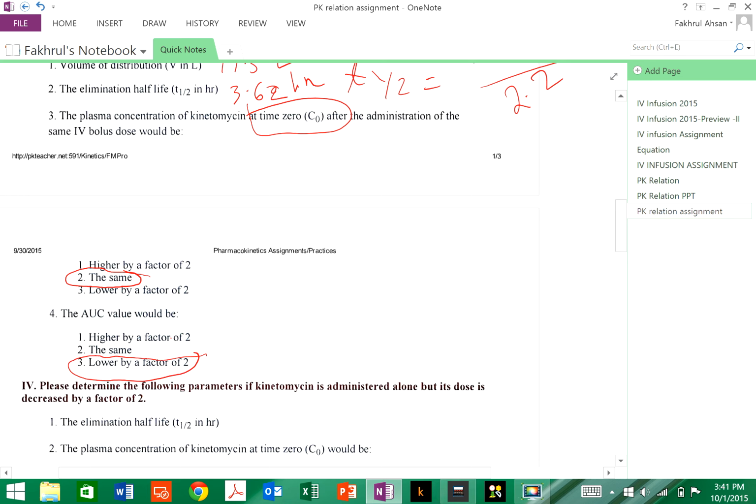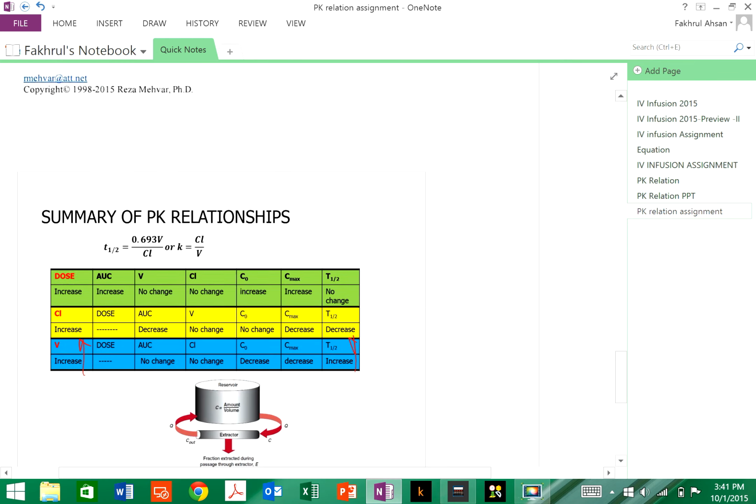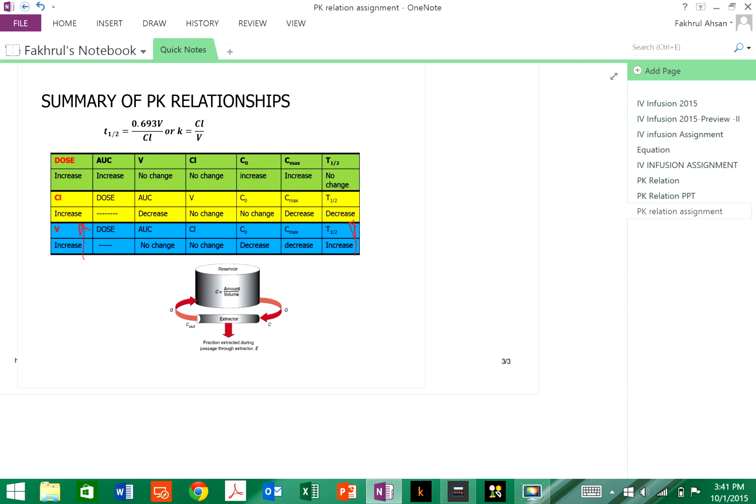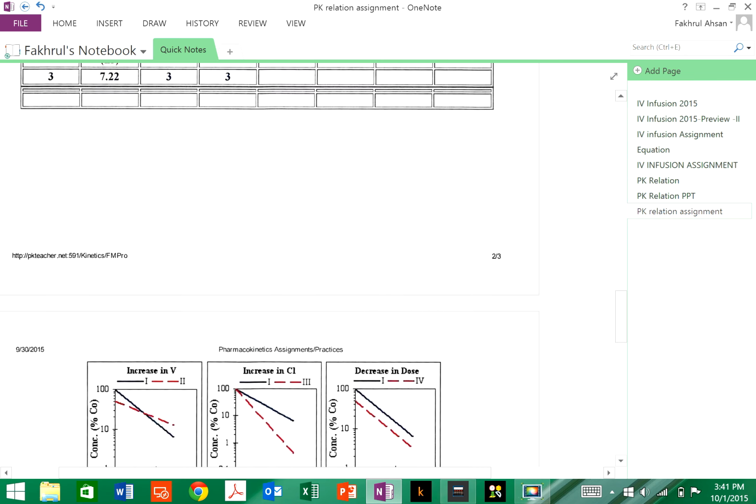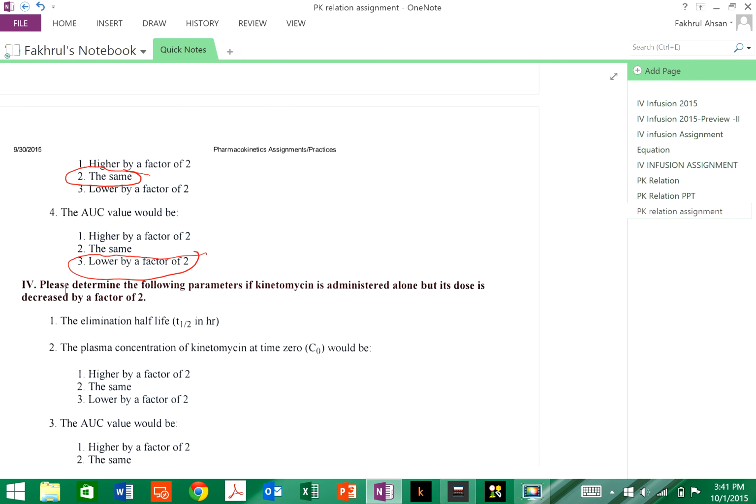AUC is going to decrease if you go back to the clearance. With the increase in clearance, AUC decreases. Again, the same reason, AUC reflects the total amount in the body, total drug amount in the body.